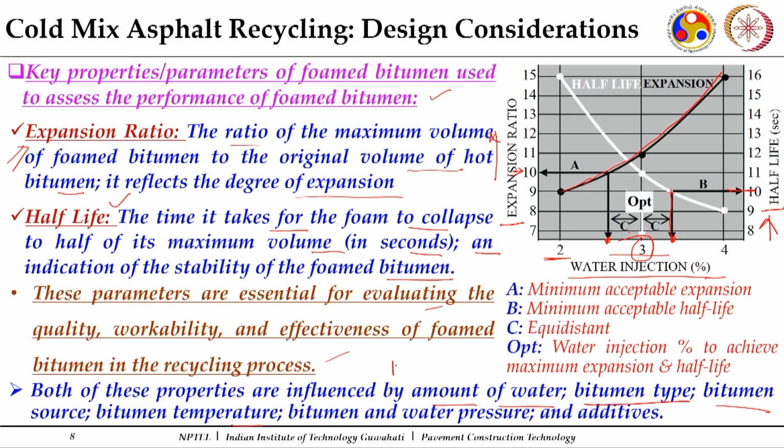The temperatures may be in the range of 160 to 200 degrees centigrade. So you can work this out at different temperatures to get suitable water injection percentages, water pressure and additives. So these are some of the parameters on which the expansion ratio and half life depend.